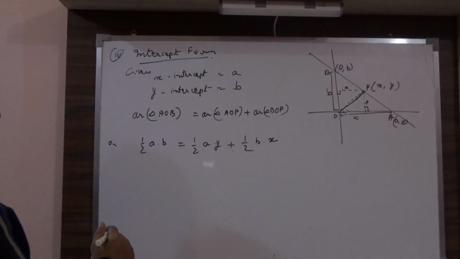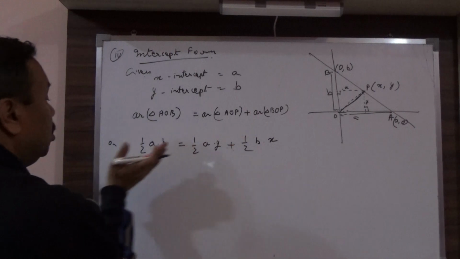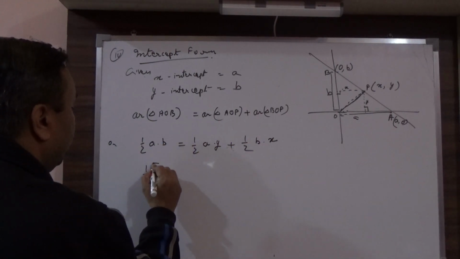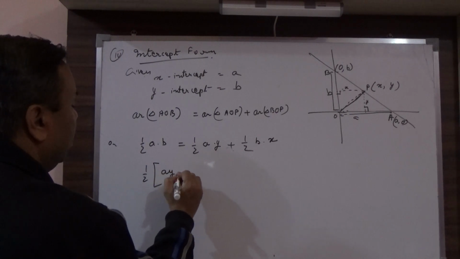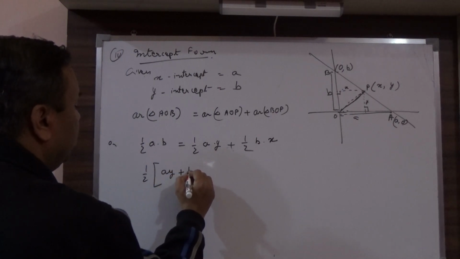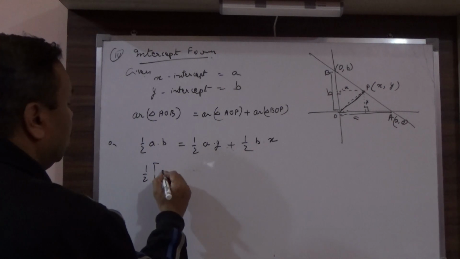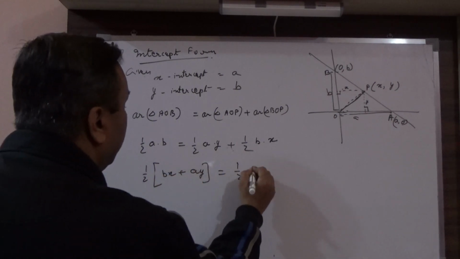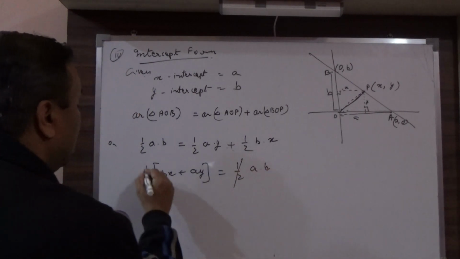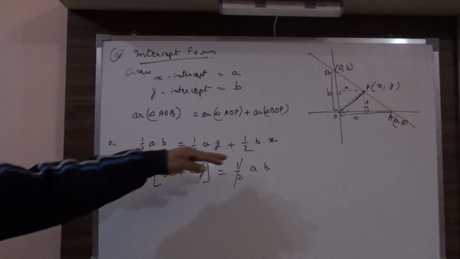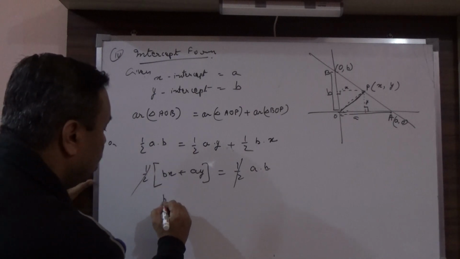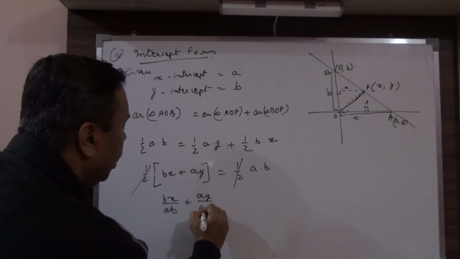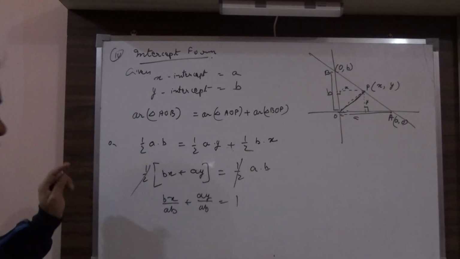Now I will take these two to this side and this one to this side. So it becomes half of BX plus AY equal to half of AB. This half gets cancelled. Now take AB to this side, so it will be BX over AB plus AY over AB, and that will be equal to 1.